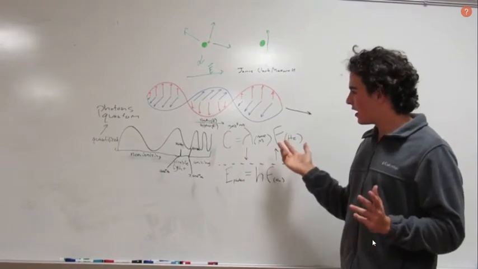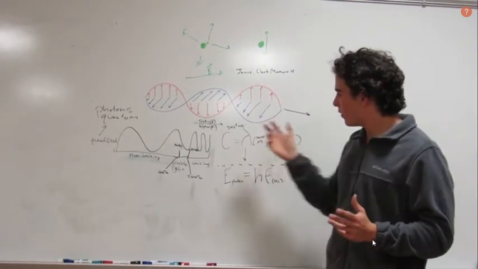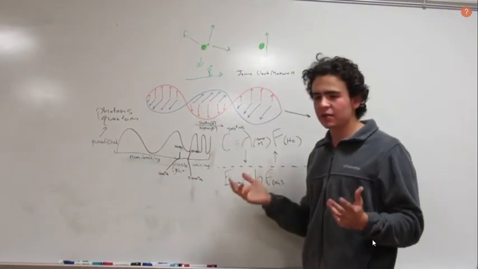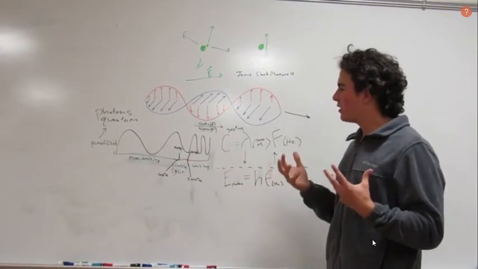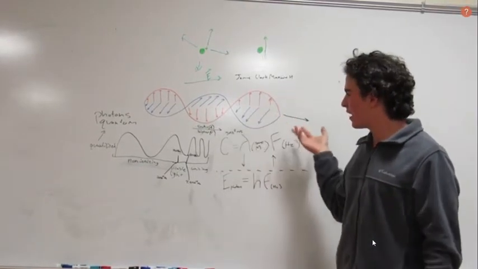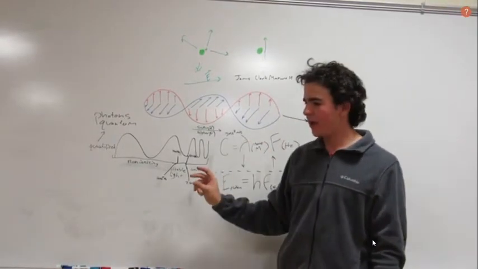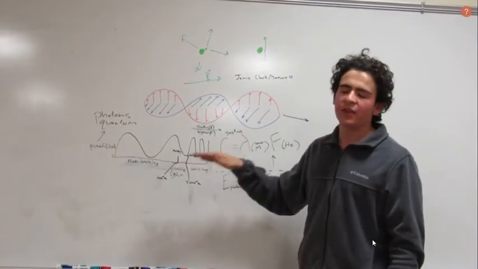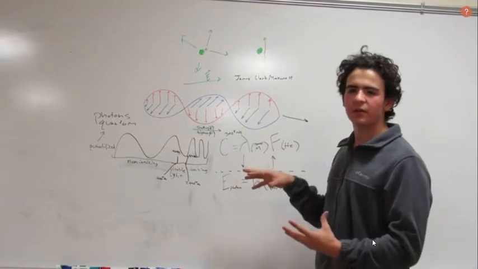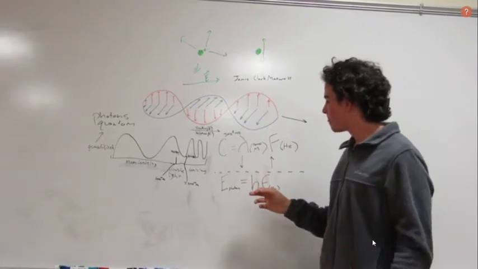But if we go back to non-ionizing, the photons are basically just quantized energy, a quantity of energy. And the thing about these electromagnetic waves is they can only have, let's say, 1 photon. They can't have half of a photon. It's all or nothing when it comes to photons.